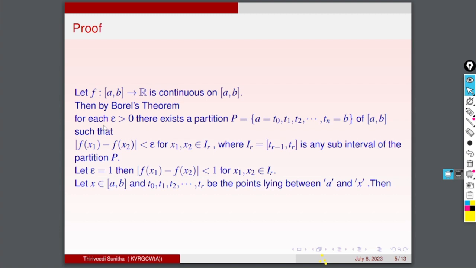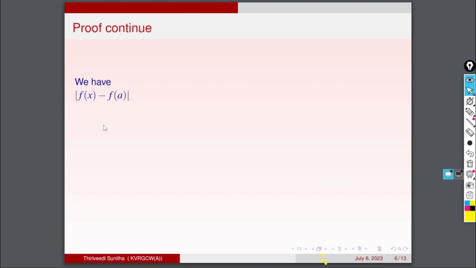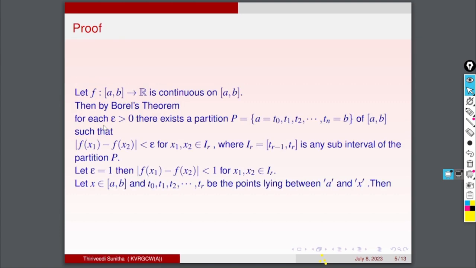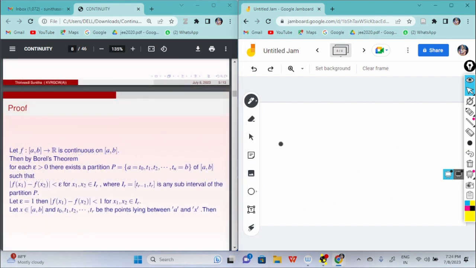Let x belong to [a, b], and let t0, t1, t2, and so on, tr be points lying between a and x. Then, see here, this is a, this is b, [a, b].